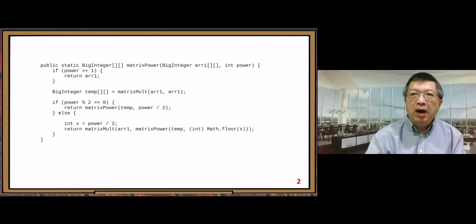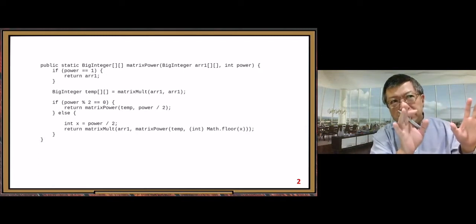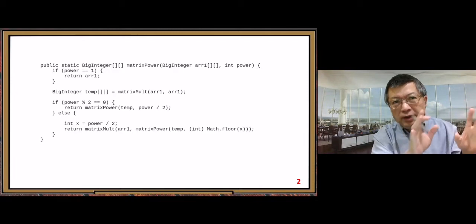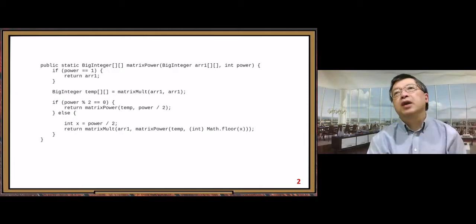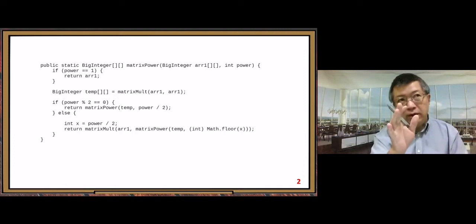So here I recommend this simpler way. For those students who have not tried it, if you feel it is simpler, you can try this way. Here I just explain the main method, the matrix power method.